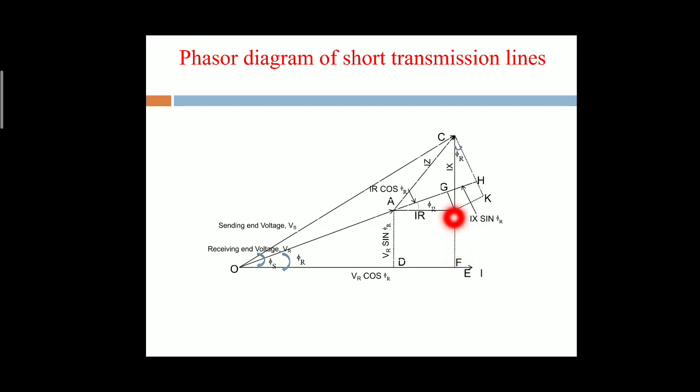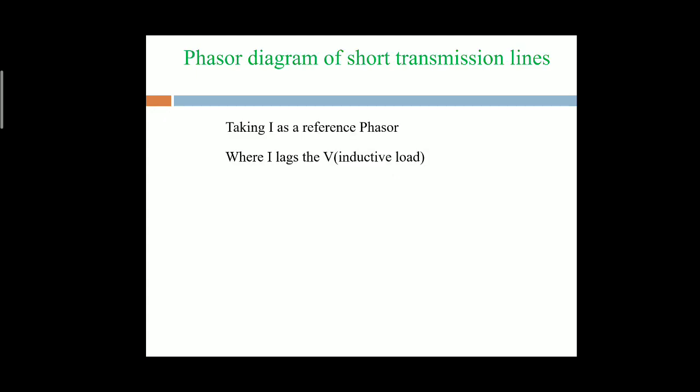Next is BC. BC is notated as IX, the inductive reactance drop. Therefore, FC is equal to VR sin phi r plus IX. Okay, understand?